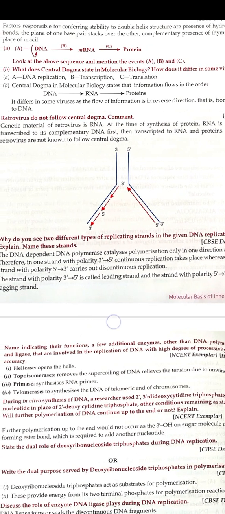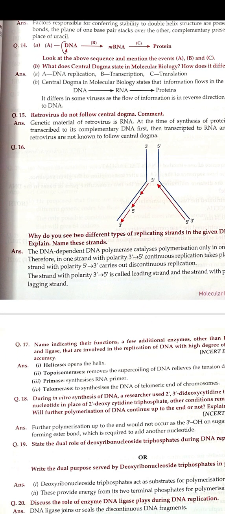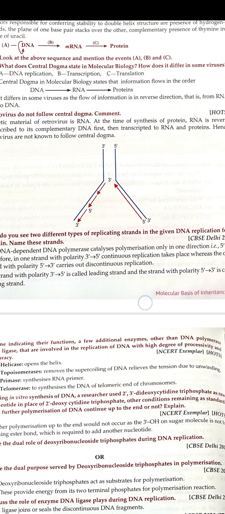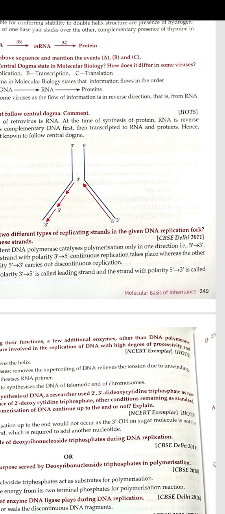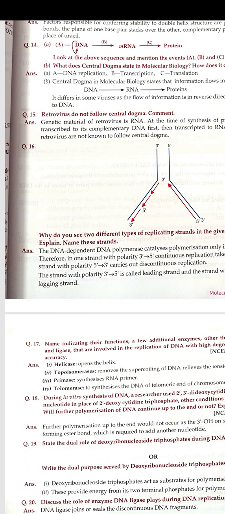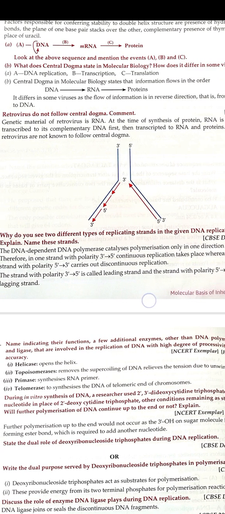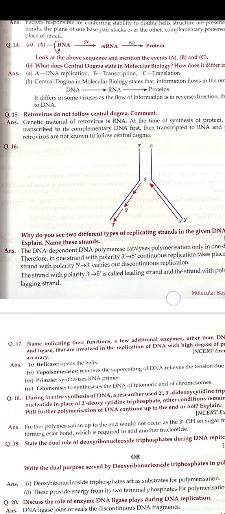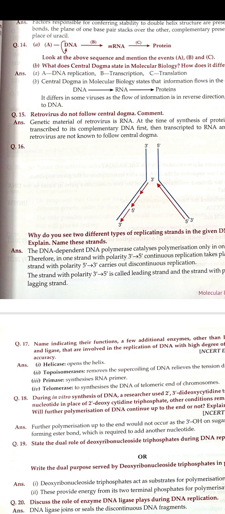So the answer is, the DNA dependent DNA polymerase catalyzes polymerization only in one direction, that is 5' to 3'. Therefore, in one strand with polarity 3' to 5', continuous replication takes place, whereas the other strand with polarity 5' to 3' carries out discontinuous replication.